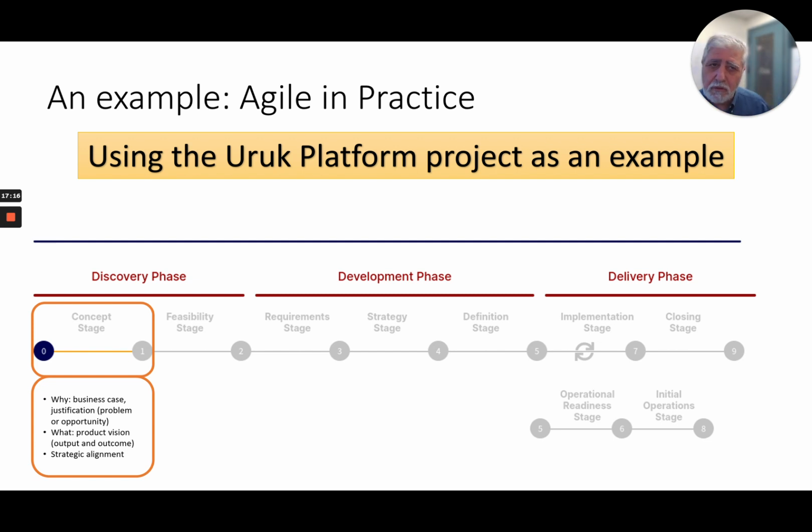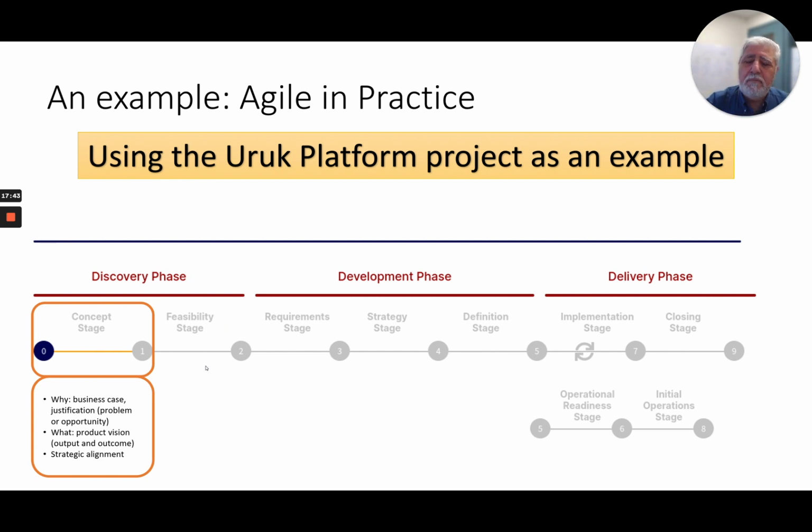For us, for the Uruk platform, when we decided to build it, why are we building it? Because we see a major problem in our industry, a lot of confusion about project management. We see a high degree of project management failures, and often project management failure is causing the project to fail, which means some projects are terminated early, or they're completed but nobody cares about them and nobody uses their product.